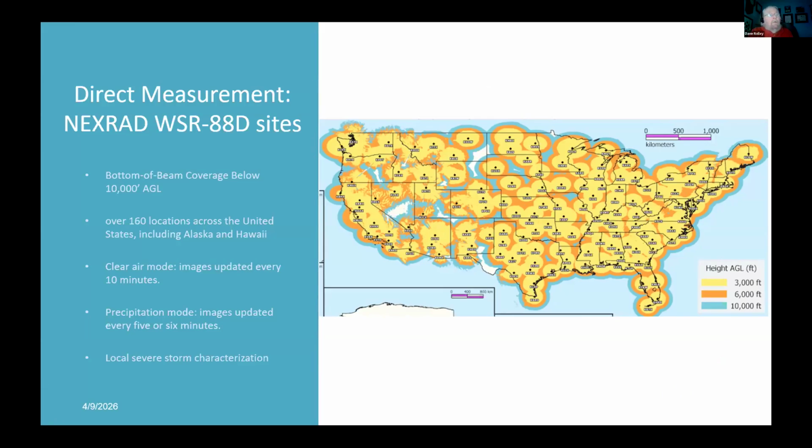In clear air mode, so there's no active weather out there, the images are updated about once every 10 minutes. In precipitation mode, so when we've got a storm coming or there's storms active, the images are updated every 5 or 6 minutes. Basically, the whole idea behind this is local severe storm characterization. This is the radar that you see, that the local TV stations put on the nightly weather.